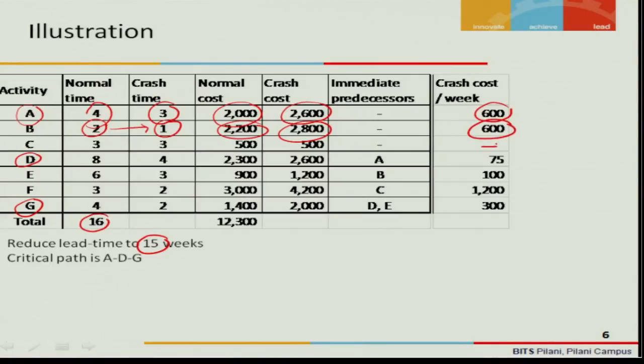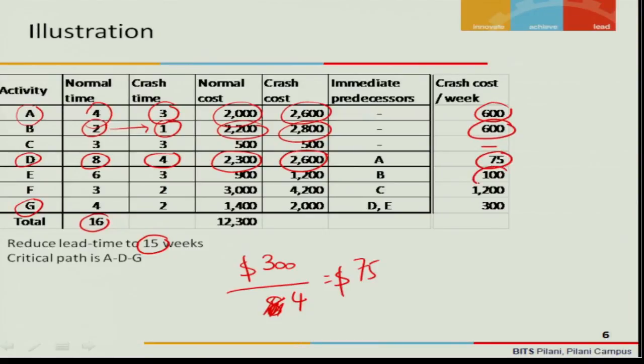Here there cannot be any possibility for crashing. And here if you see from 8 to 4, it escalates from 2700 to 2600. So $300 is what is increasing over 4 weeks, which means that per week it is $75. So that is what is given here.